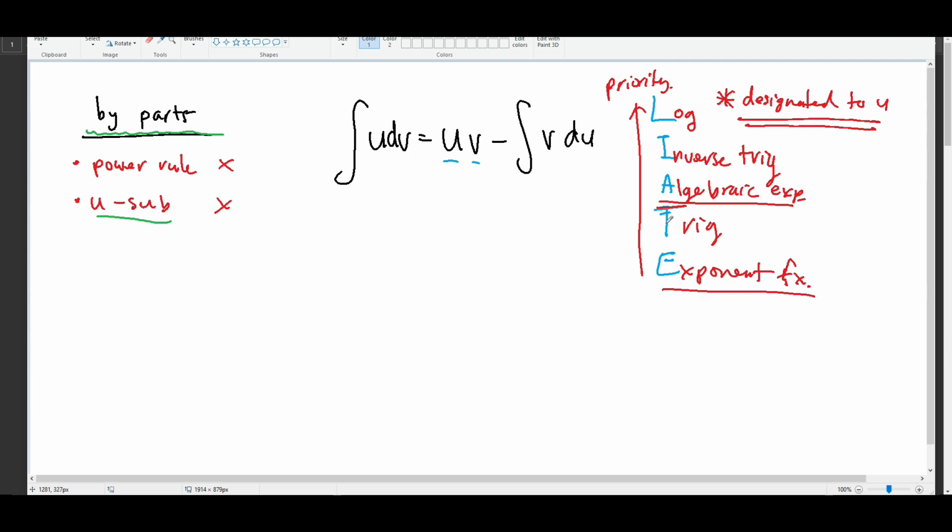So what's higher up in the priority list? It's going to be the algebraic expression. So the x is going to be designated as u, and then the exponential function, the e to the x, along with the dx in the back, is going to be designated as your dv. And then you're going to be filling in these things as you go.